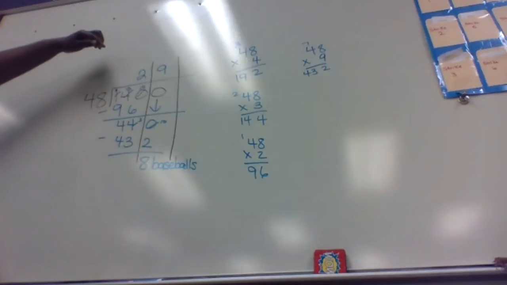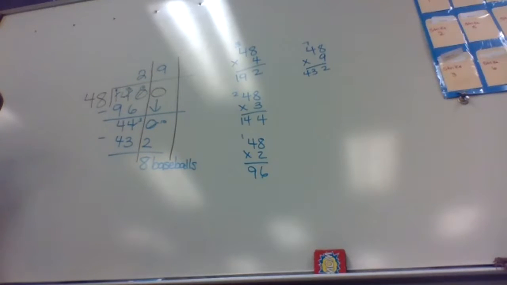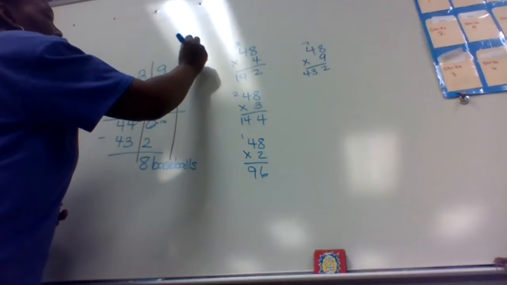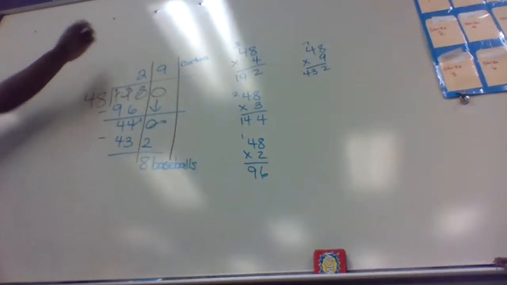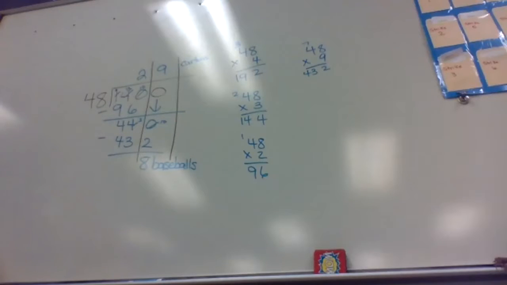Okay. And 29 represents the 29 what? Cartons. So I got 29 cartons with 48 in each one, and I got 8 left over. So the first question said, how can you find the number of cartons? We said 1,400 divided by 48.